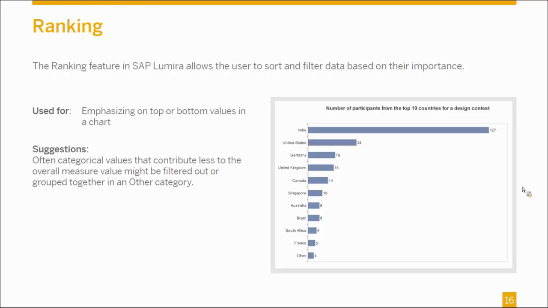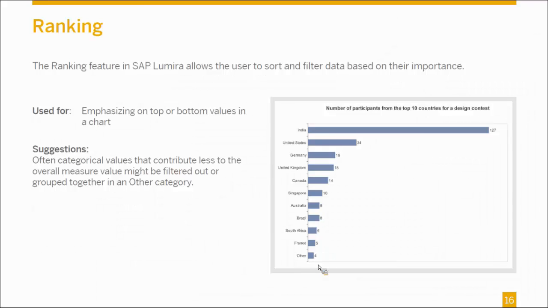So if we have a chart that has, let's say, 100 bars, and we really want to emphasize only the top 10 bars, then one option is to group the remainder of the bars into another category, or alternatively just use the top N feature that Lumira provides to you.